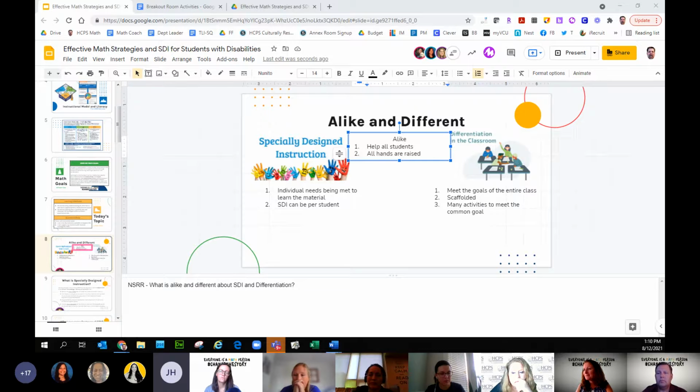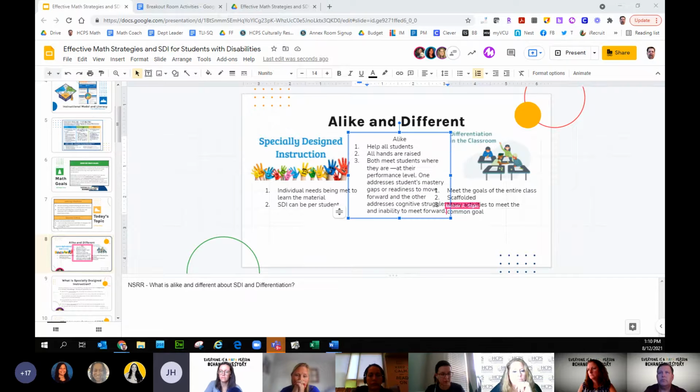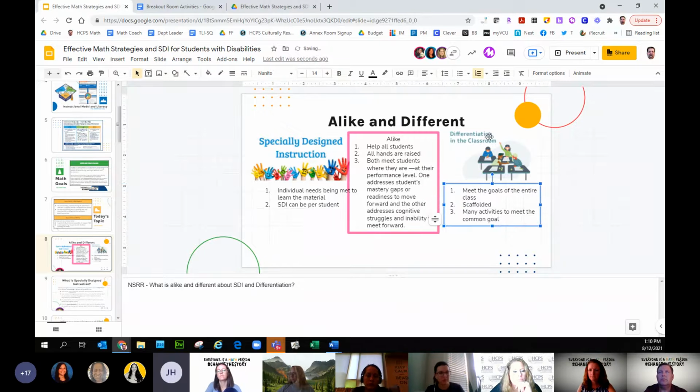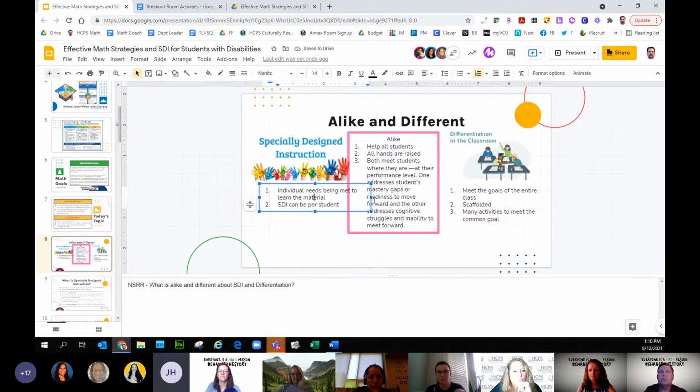Just many different activities to meet the common goal, which is whatever your objective is. Some students may start out at a lower level, some may start at a higher level, but it's all aligned with the same standard, just at different levels where they can reach.